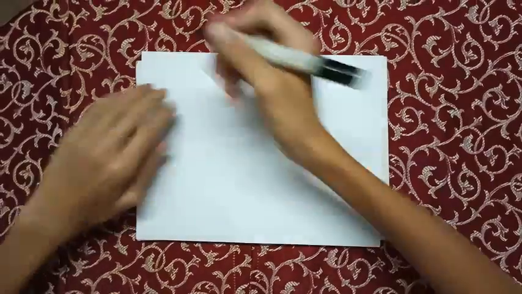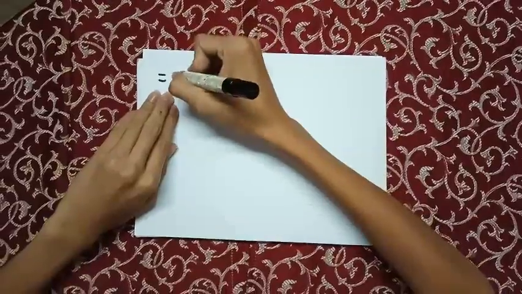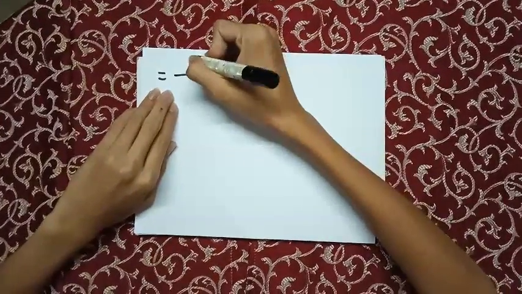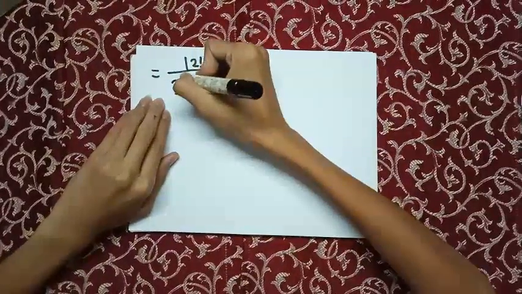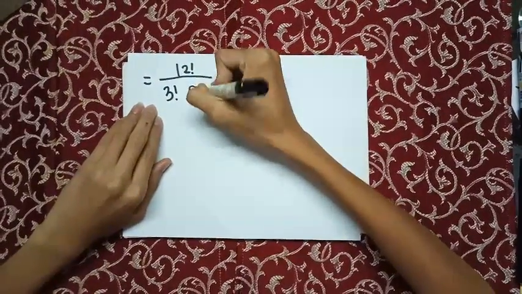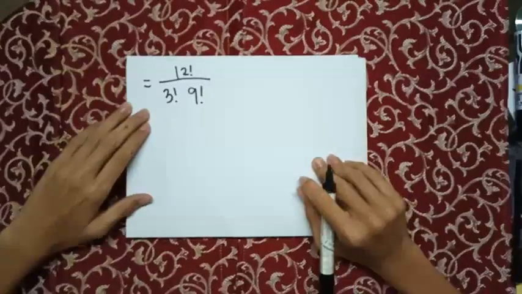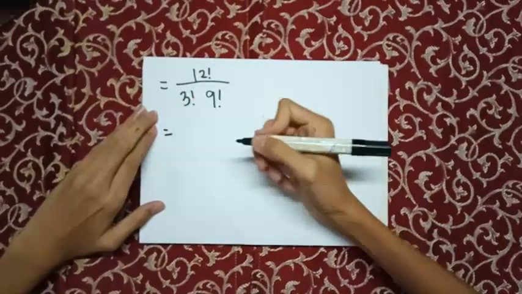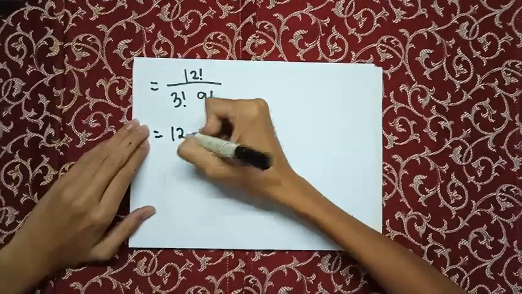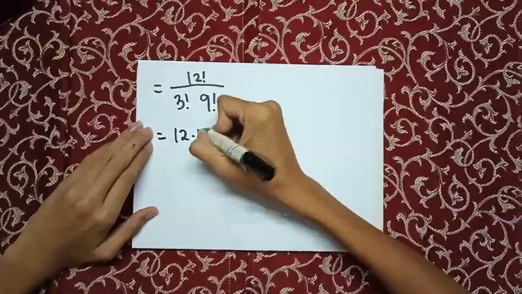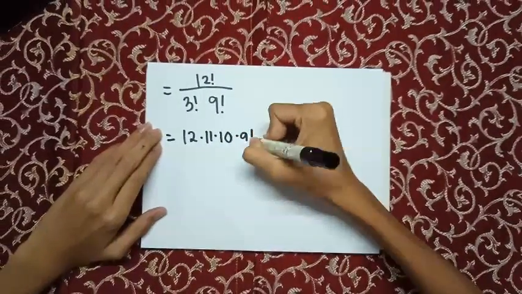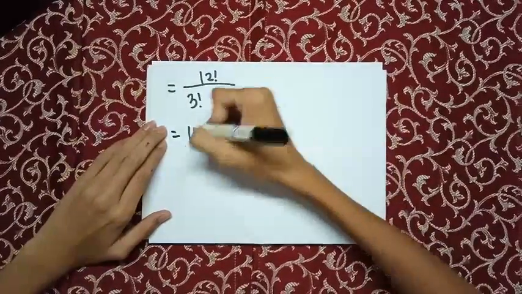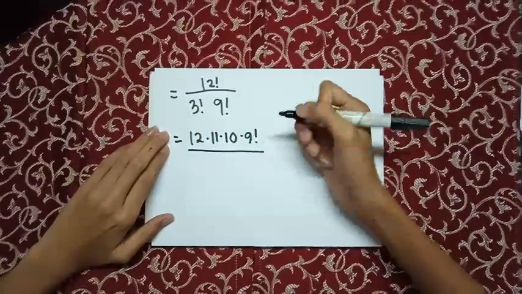Now, it is equal to 12 factorial over 3 factorial times 9 factorial. It is equal to 12 times 11 times 10 times 9 factorial all over 3 factorial times 9 factorial.